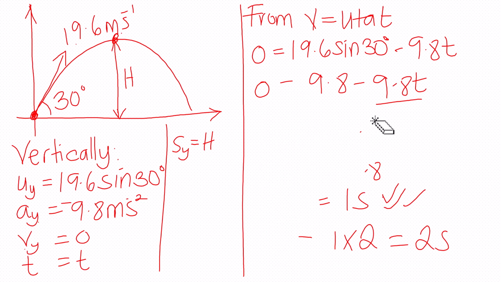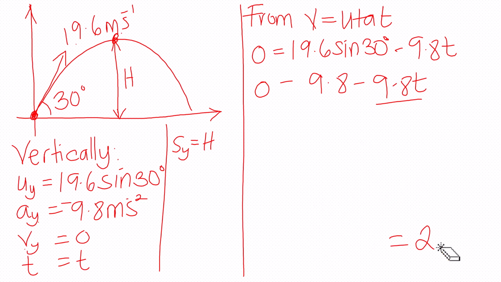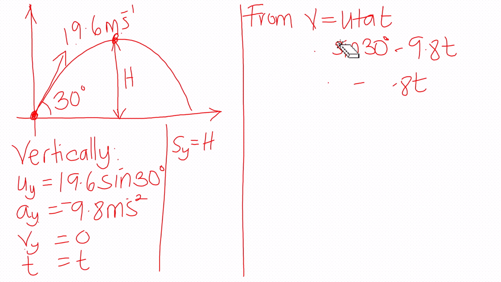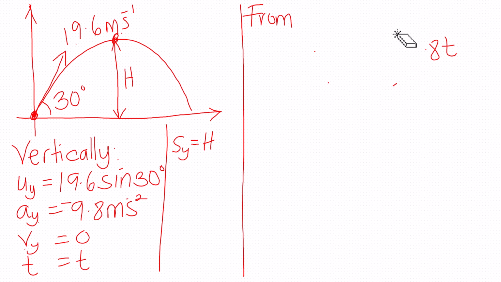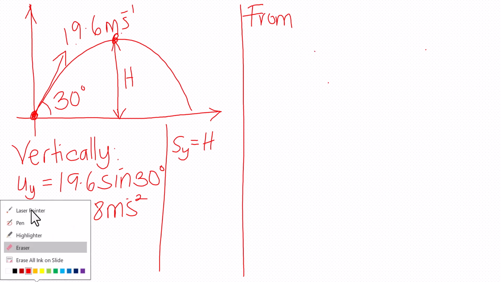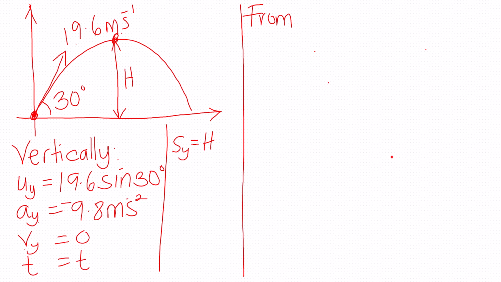But using a different equation. Here we're going to use the second equation of motion, s is equal to ut plus a half at squared.